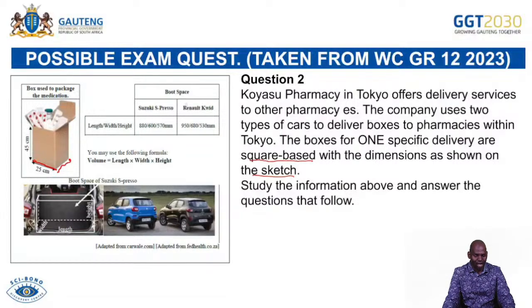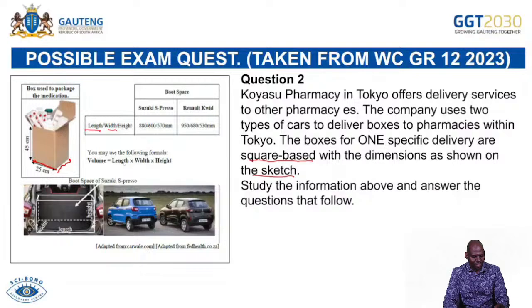Then for the Renault Kwid, it's 950 as the length, 680 as the width, and 530 as the height. So there we've got two different cars with different boot space.